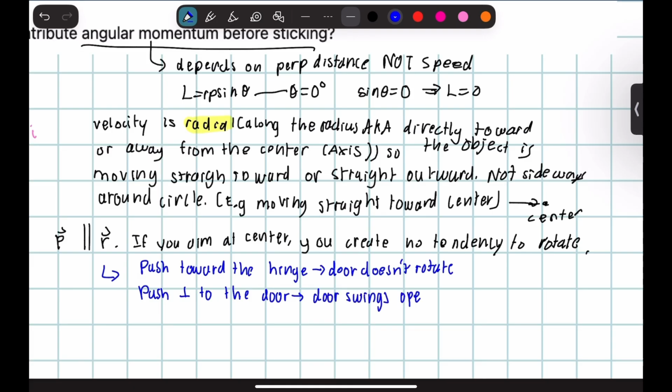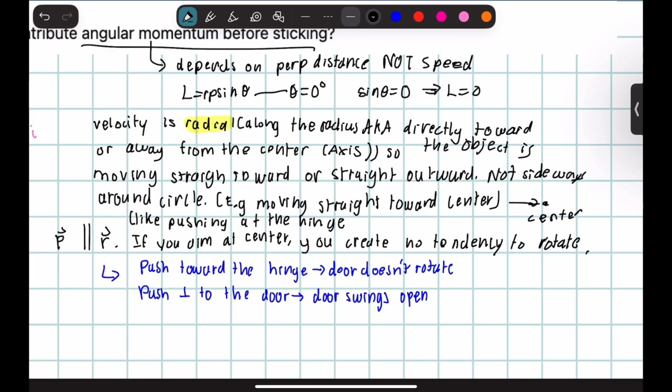So think like your radius is nothing when you're pushing at the hinge, but when you're pushing perpendicular to the door, further away, it swings open. So radial velocity is like pushing at the hinge in this analogy.